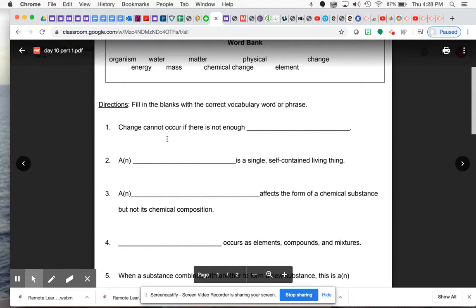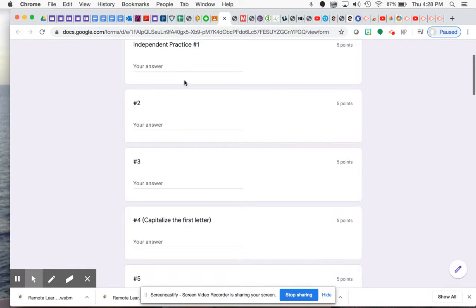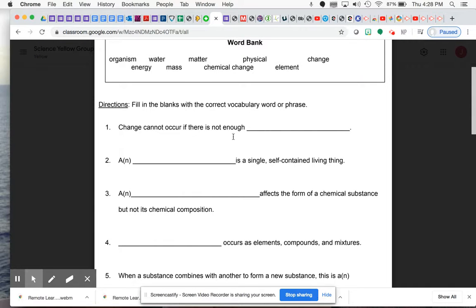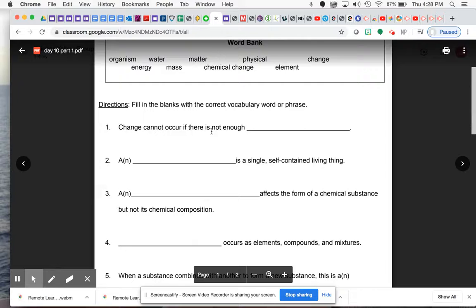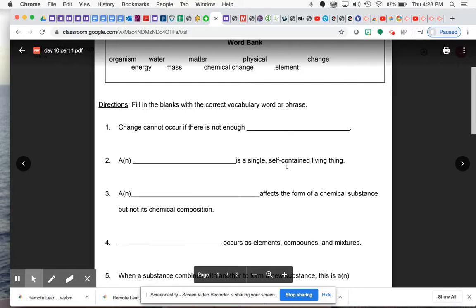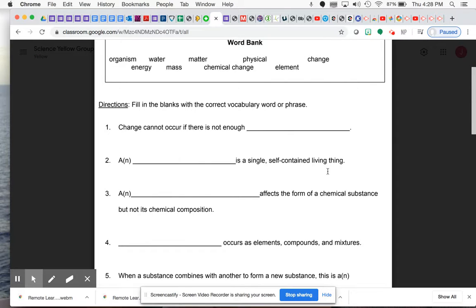As I read these, make sure that you're trying to go through and put your answers in through here on your Google form. Number 1, change cannot occur if there is not enough blank. Number 2, a or an blank is a single self-contained living thing.